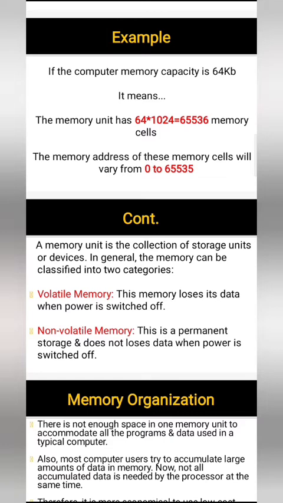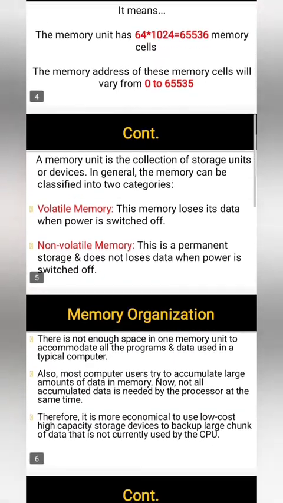That kind of memory is termed a volatile memory. A non-volatile memory is that memory which is permanent in nature. It means it will not lose its data when power is switched off. That means the data stored in this particular memory is stored on a permanent basis.